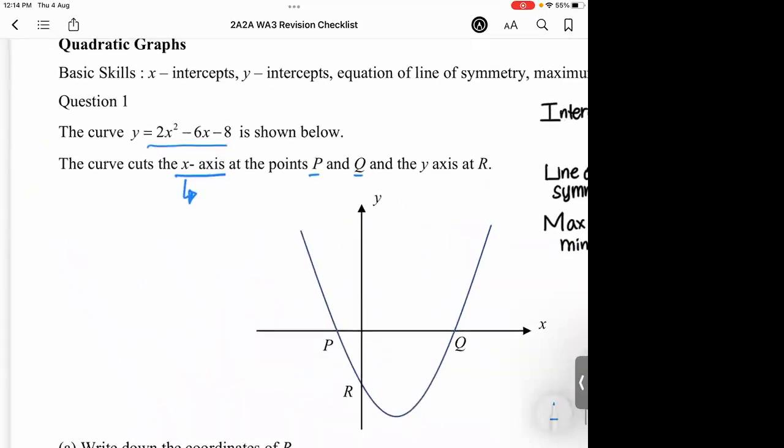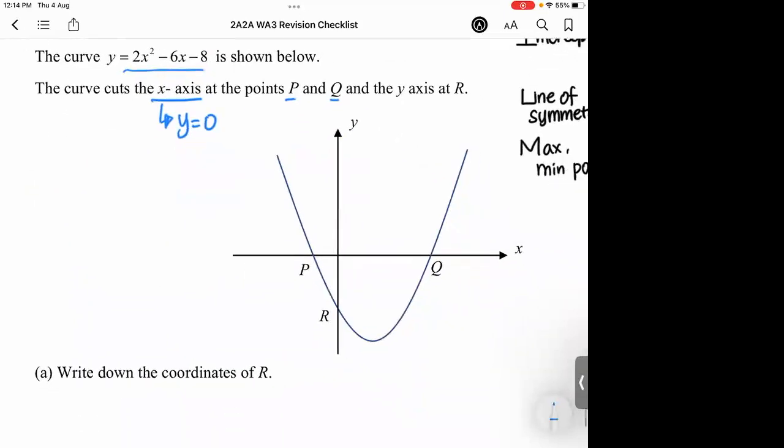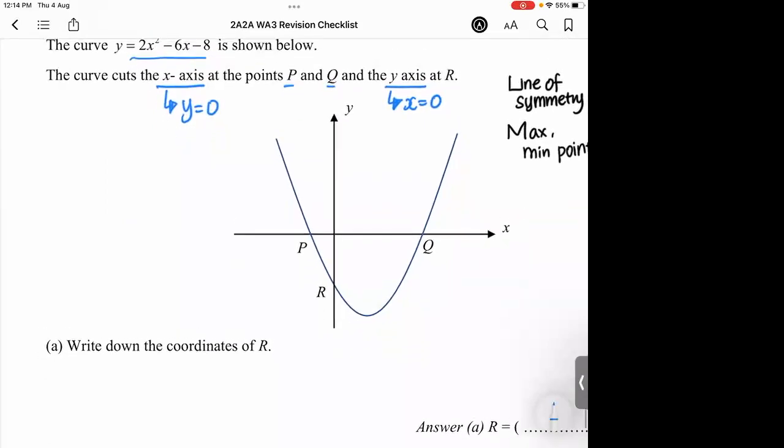The y is equal to 0. Then this one says cut the y-axis. Cut the y-axis, what happened? X is equal to 0. So first, to find the coordinates of R, R is the one that cuts the y-axis, so x is equal to 0.